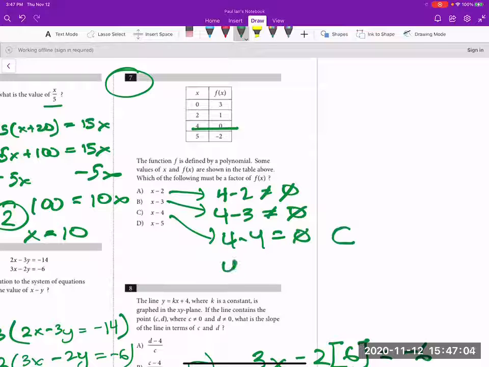So x minus 5, 4 minus 5. The other one, this doesn't equal 0 as well. Let me see the other one.